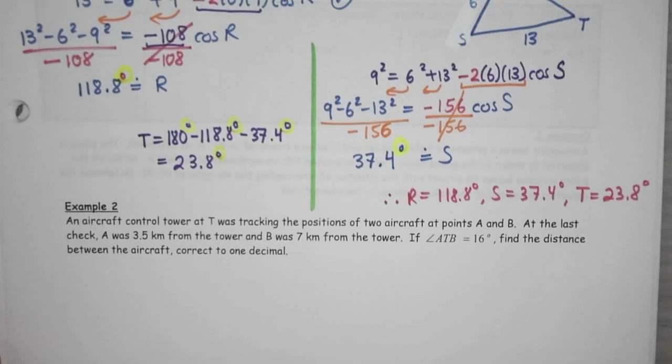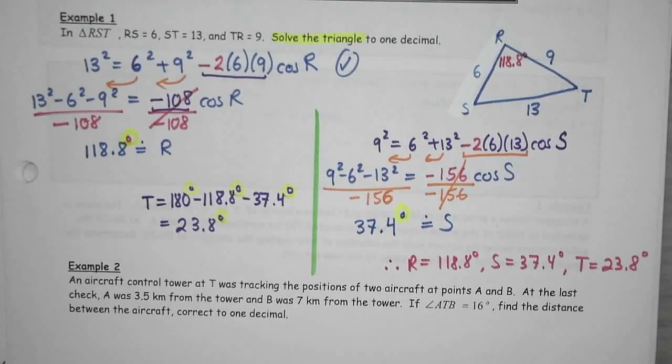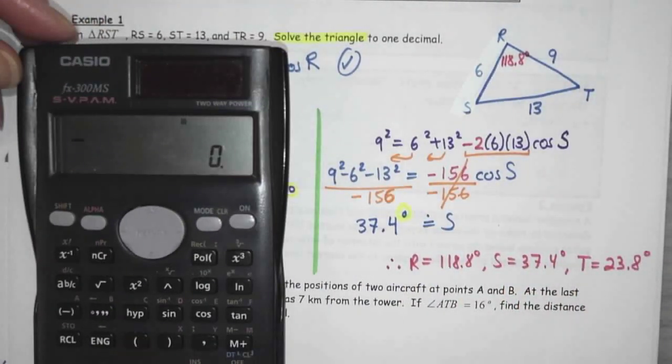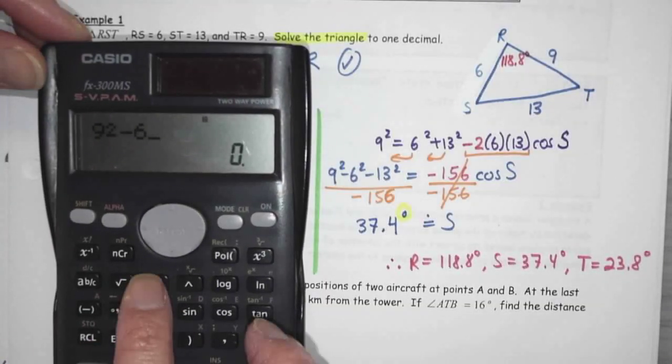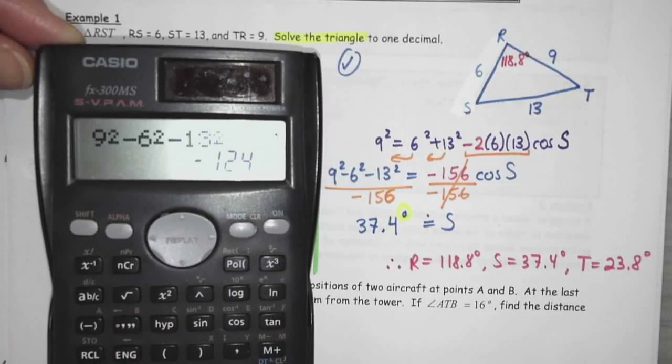Sorry, I'm confused how we got the 37.4. The 37.4, the calculation or the setup? Okay, all right, so let's do it together. So 9 squared minus 6 squared minus 13 squared. Press equals. Do you get negative 124?